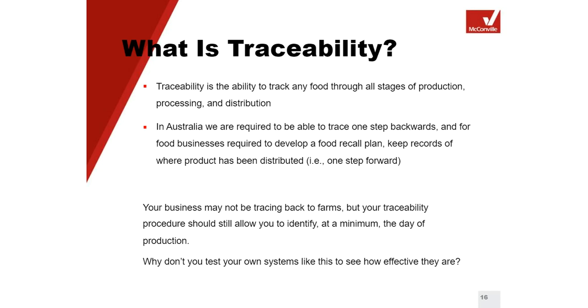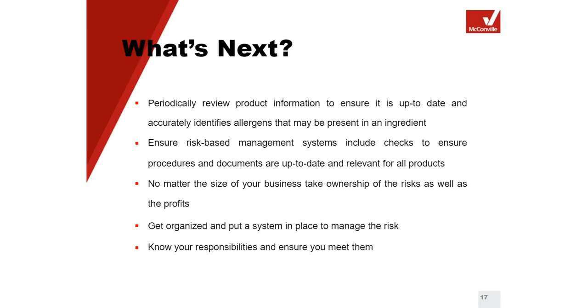Okay, so just to finish, in summary, what we've gone through today, we've had a look at our recall procedure. We've had a look at the various types of recalls, so commonly trade recalls and consumer recalls. We've also had a look at what's in your plan and how you can review and test your current plan.